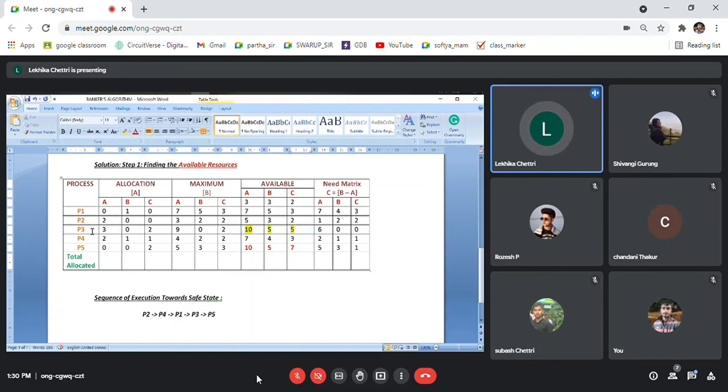Okay, so after P3 successfully executed, the value was 10 5 5. Okay, so now P5, if instead of 0 0 0, if P5 needed 10, 6, 7.